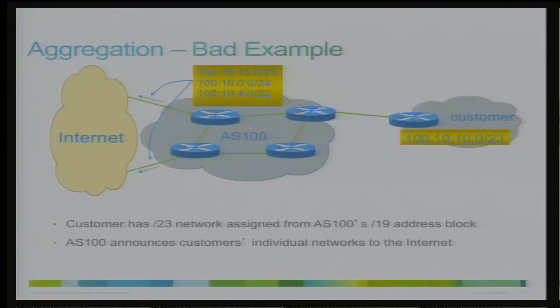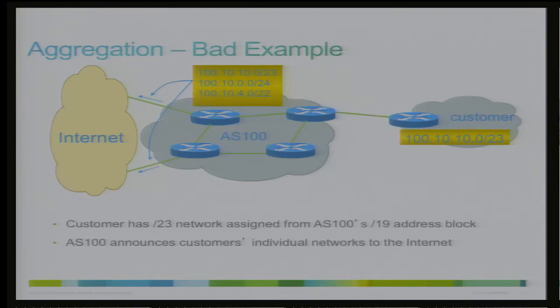So here is a bad example. In this particular case, AS100 is assigned a 100.10/19 address from the RIR. Then it gives a /23 address to the customer.